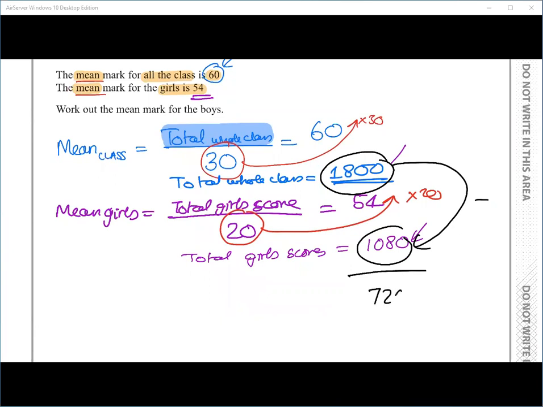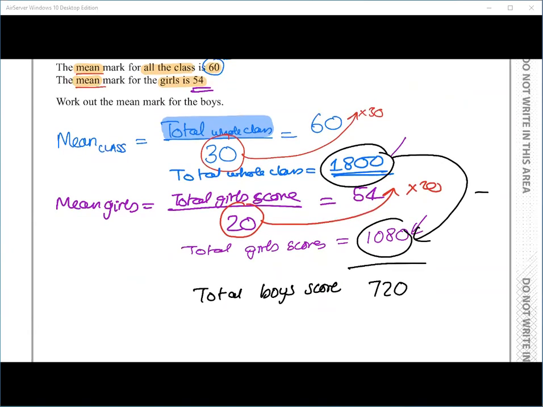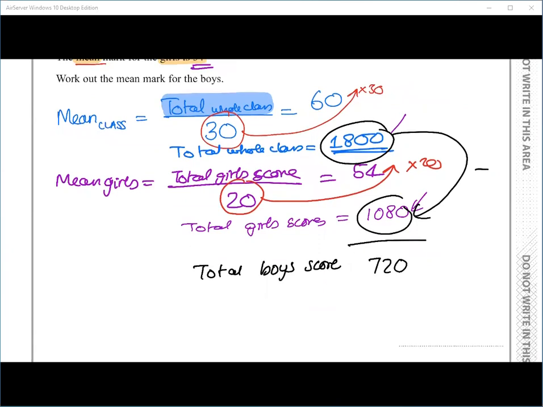720. So 720 will now be the total score for who? For the boys. Total boys score is 720. Now we work out the mean for the boys. So the mean for the boys is equal to the total for the boys divided by the number of boys.